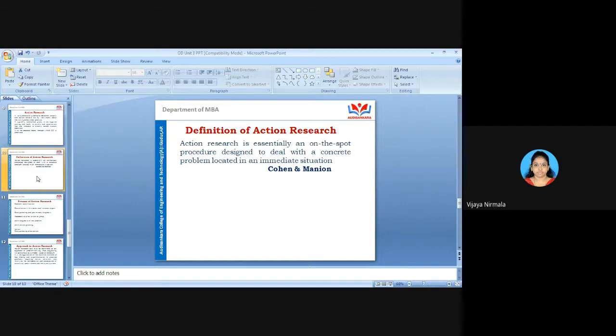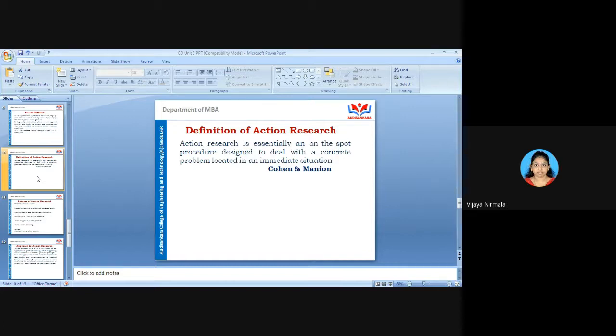So, generally, this action research is mainly based on an on-the-spot procedure, designed to deal with a concrete problem located in an immediate situation.